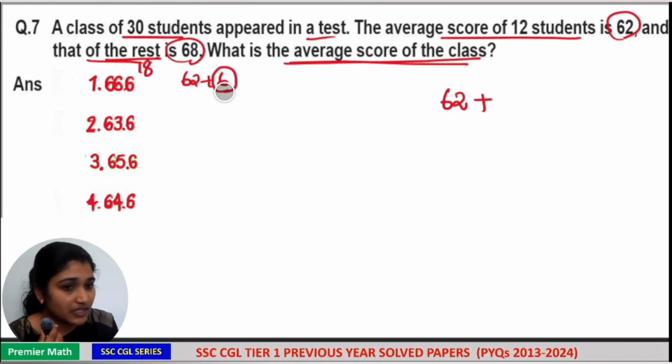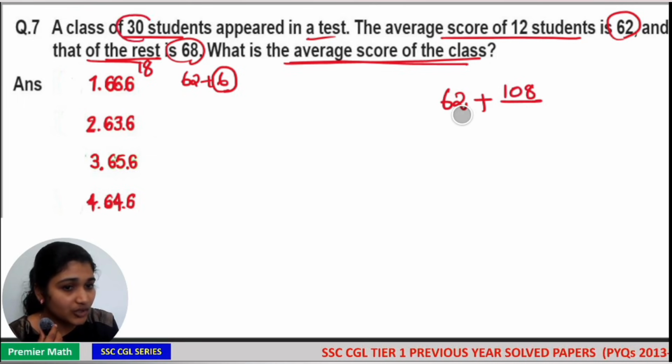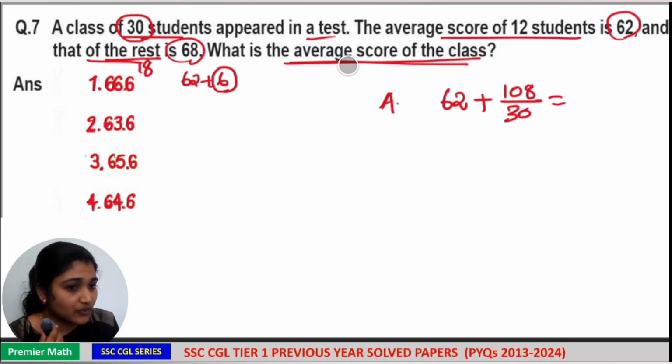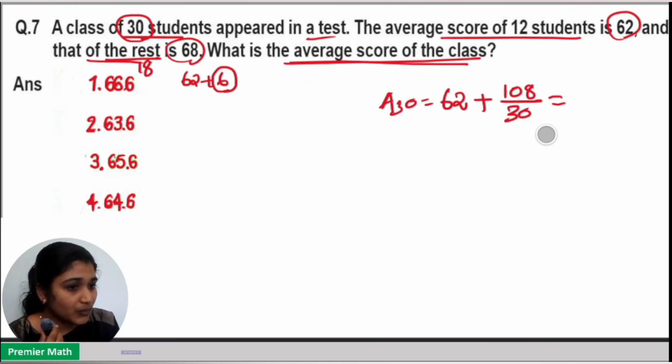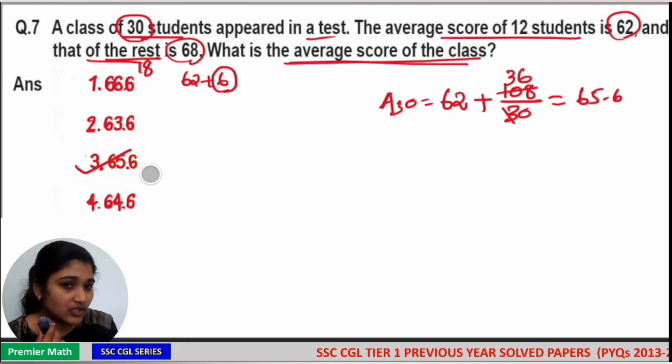So 6 increment is for 18 students, means 6 into 18 is 60 plus 48, 108 is the increment in sum. This increment in sum we should equally distribute to the total students, because we are taking the average of 30 people. Now 3 goes 3 times in 9, 6 times in 18. 3.6 plus 62 is equal to 65.6 is the new average.